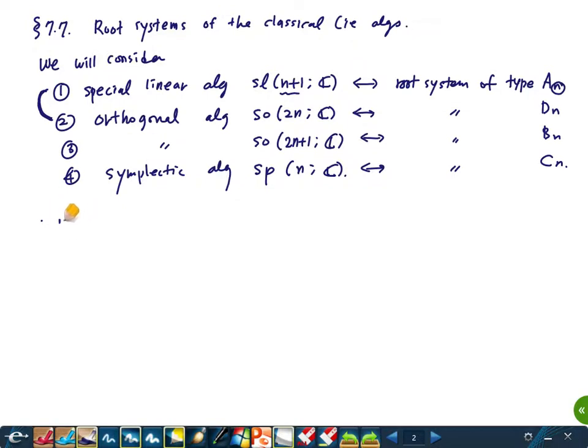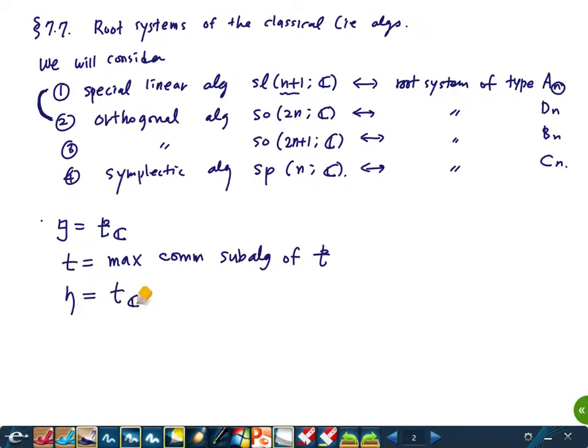G is the complexification of K, and T is a maximal commutative subalgebra of K, and the Cartan subalgebra H can be defined as the complexification of T, and R is the root system of G, which means basically the set of all roots.